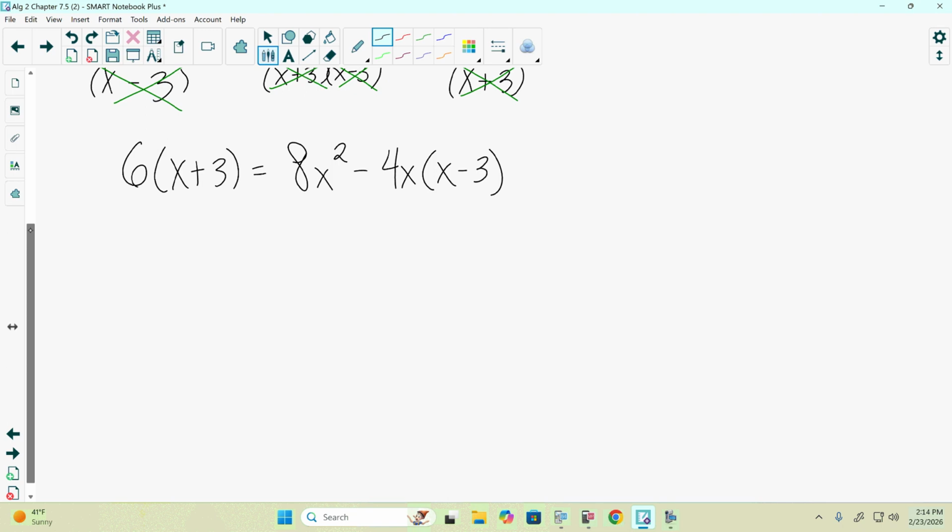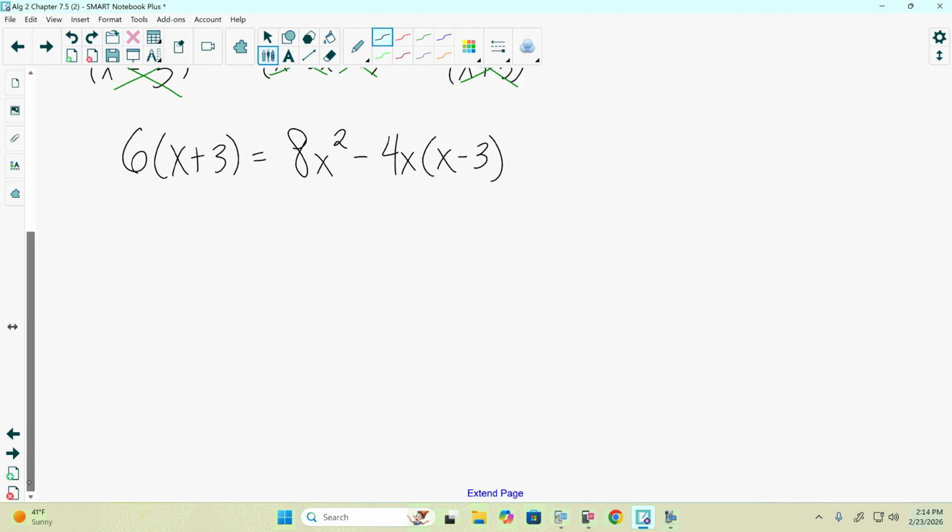Now, to solve this, we need to simplify these parentheses. So on our far left, we're going to multiply the 6 through. 6 times x is going to be 6x. 6 times our positive 3 would be plus 18.